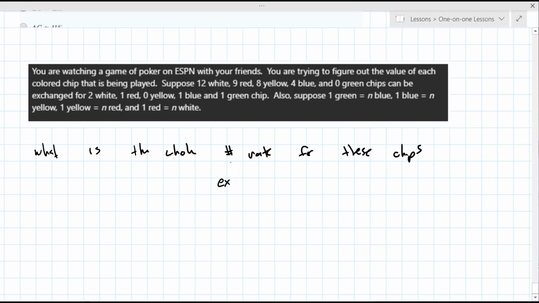What is the whole number rate of the exchange for these chips? Okay. And then is only one exchange rate possible?